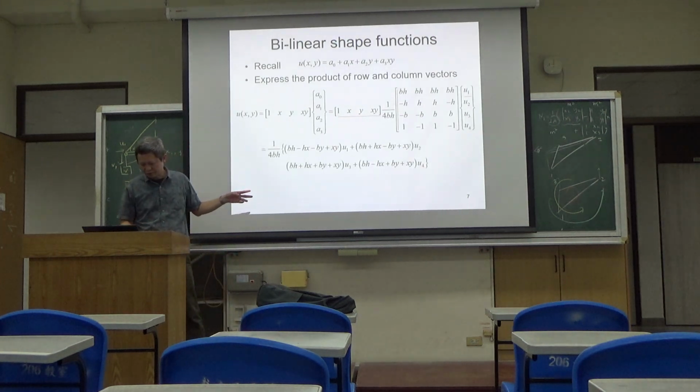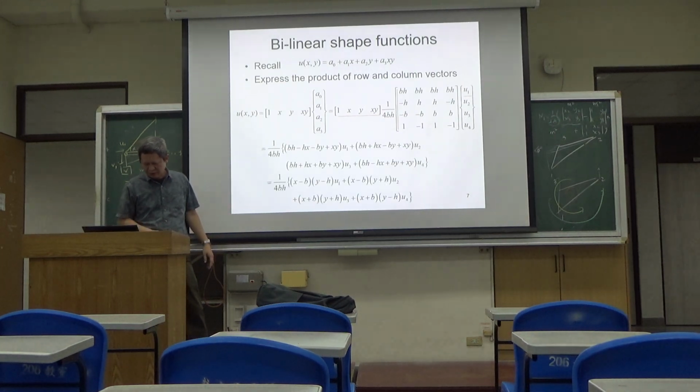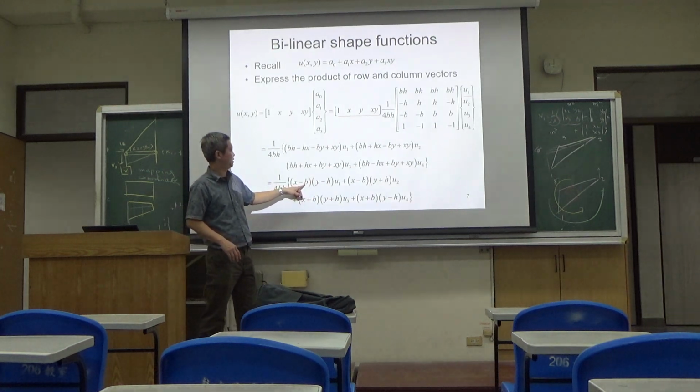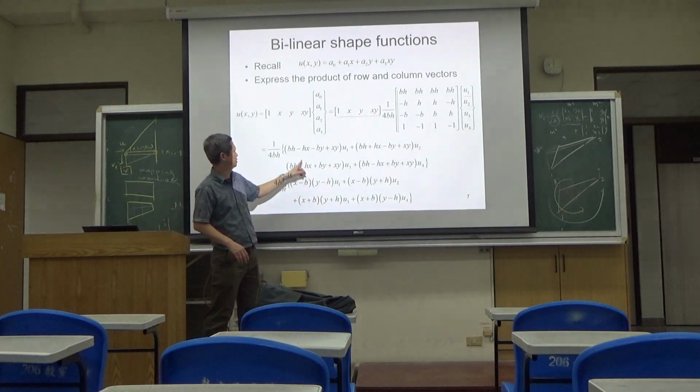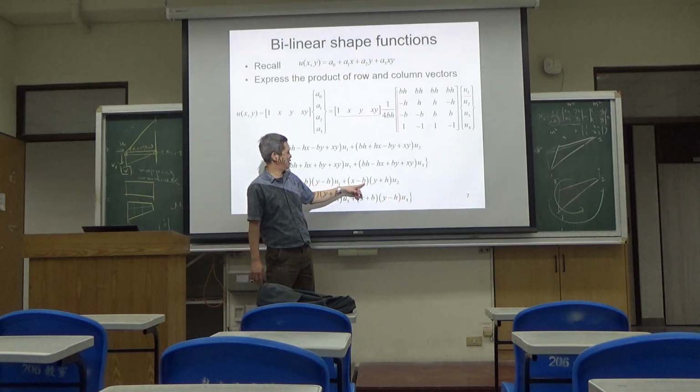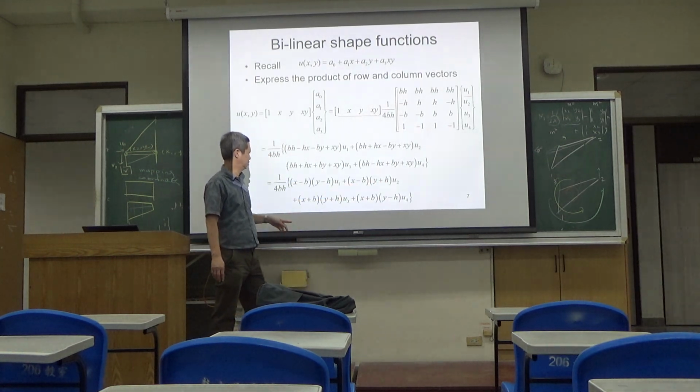Okay, how do you do the grouping? If you look carefully, the shape function 1 is x minus b times y minus h. The shape function 2 is x minus b times y plus h.